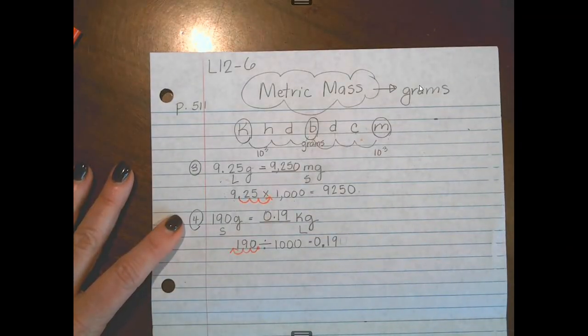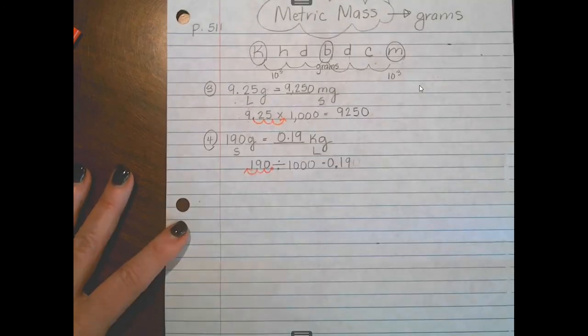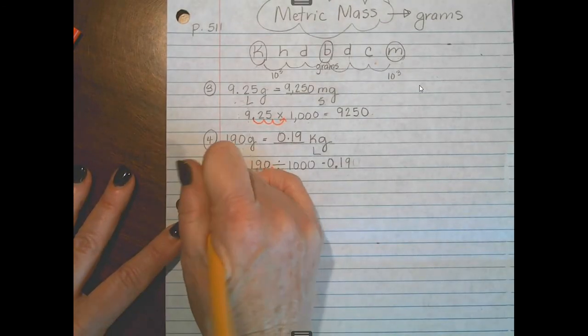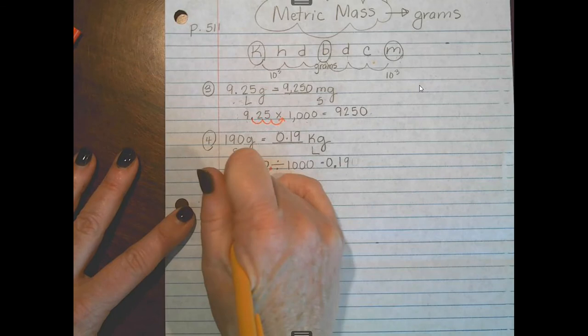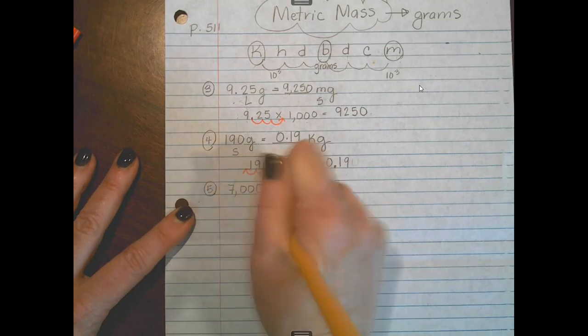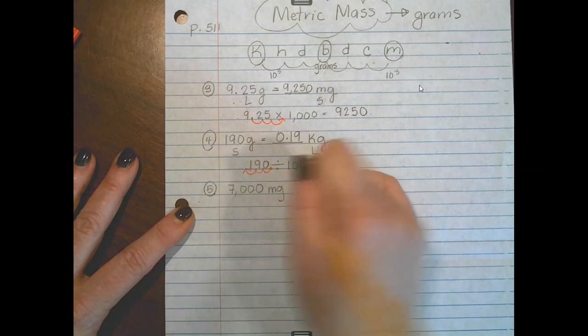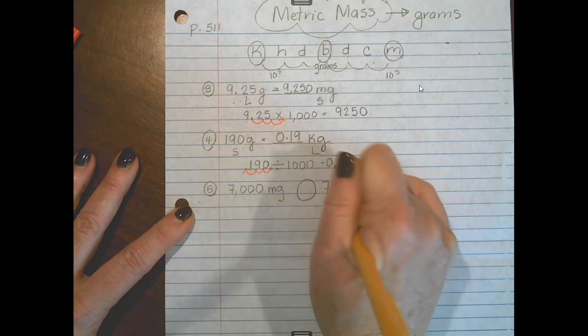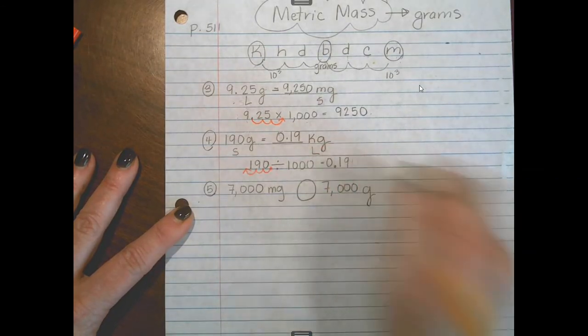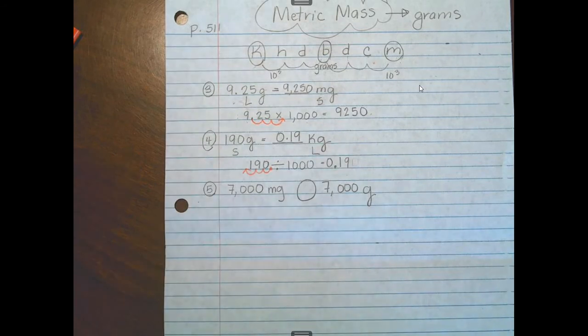All right, number 5 and 6, we're actually doing some comparisons. So we want to compare the value of 7,000 milligrams to 7,000 grams. Okay. Now, I know that I can convert either one of those to the other unit of measurement.